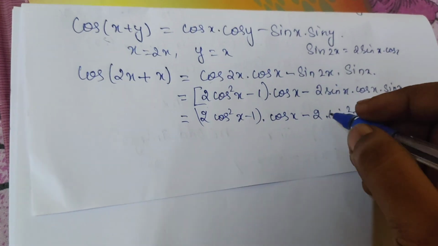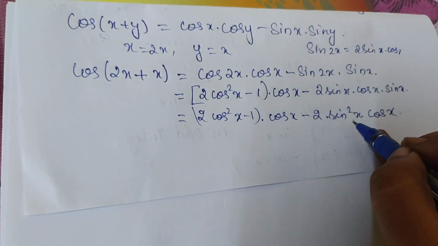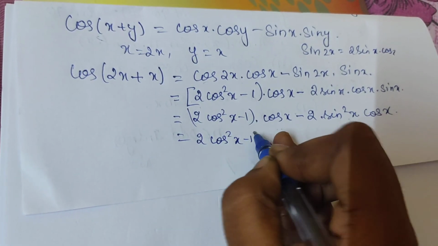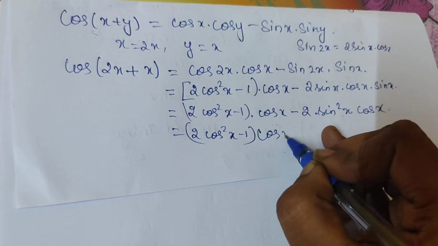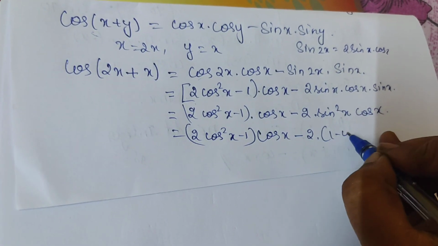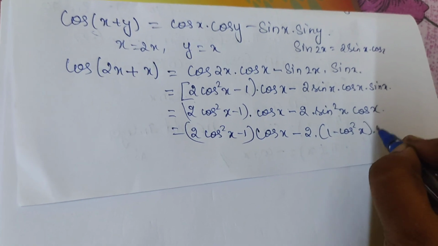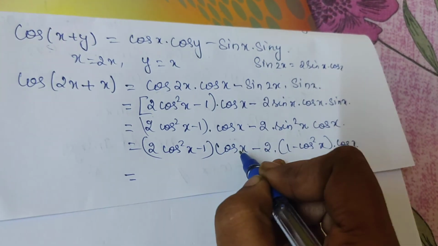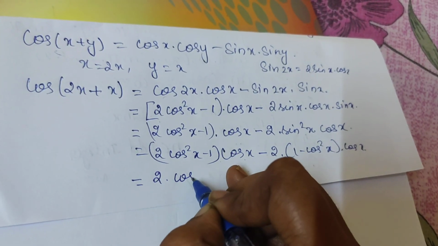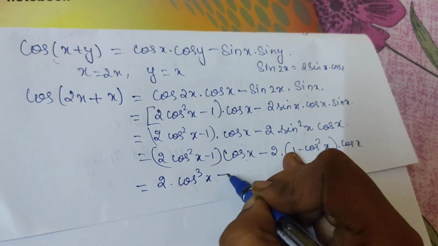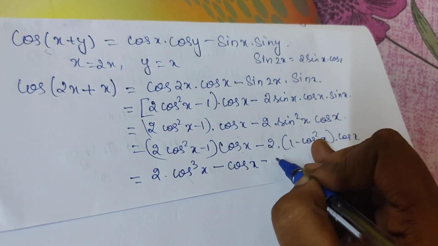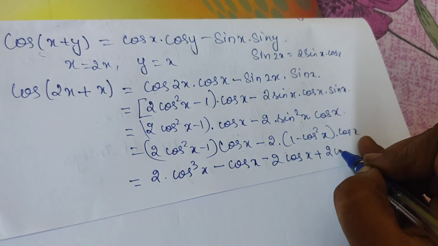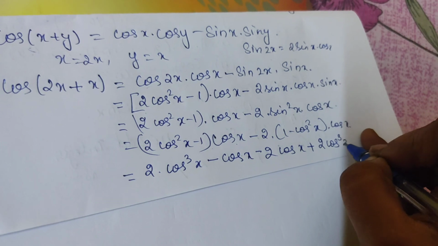So again this sin square x can be replaced by 1 minus cos square x. 2 cos square x minus 1 into cos x minus 2 into 1 minus cos square x into cos x. Now I am taking this cos x inside, so I will get 2 cos cube x minus cos x minus 2 cos x plus 2 cos cube x.